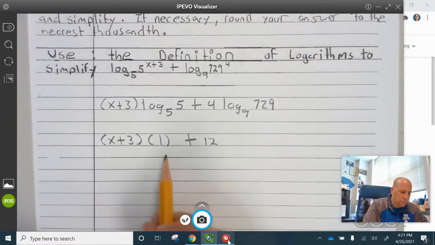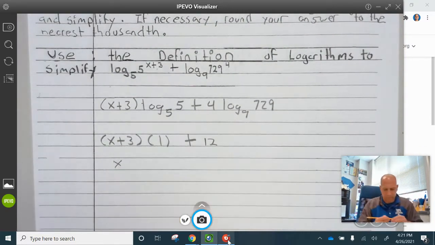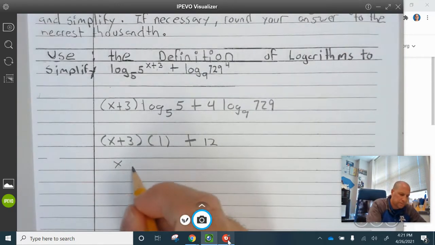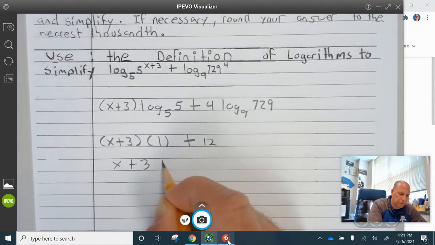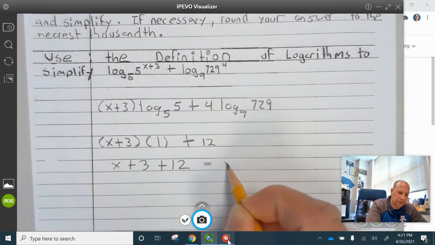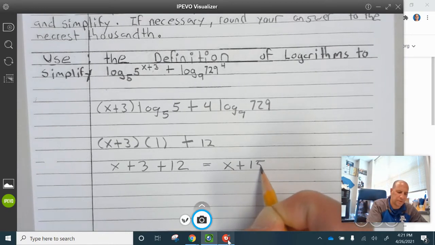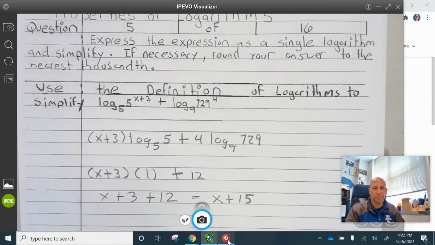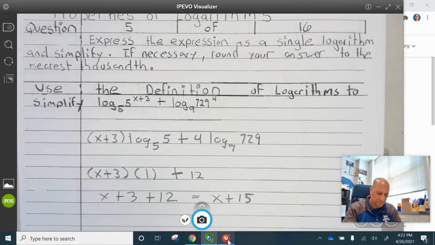So 1 times this is just x plus 3, plus 12. Well, 3 plus 12 is 15, so that equals x plus 15. All right, go and finish up question 5 of 16.